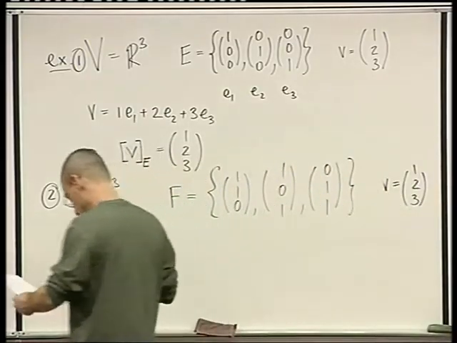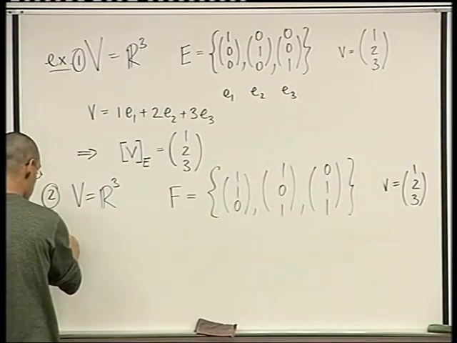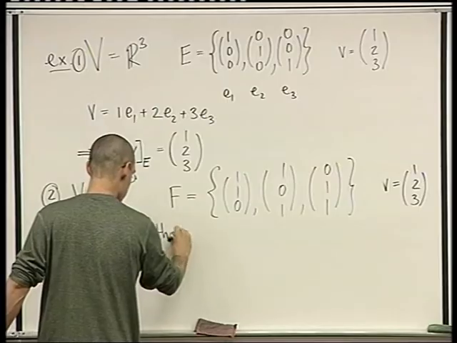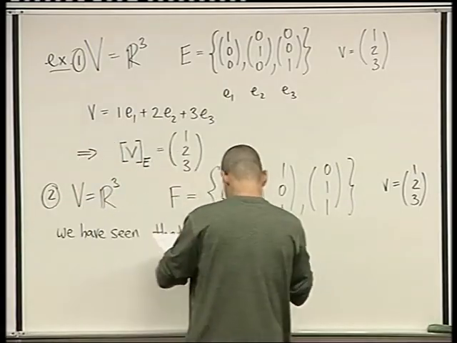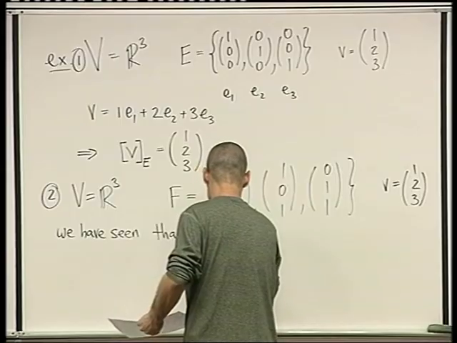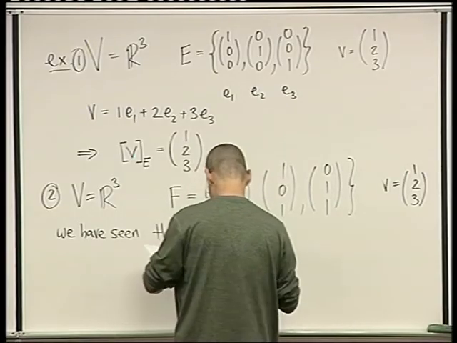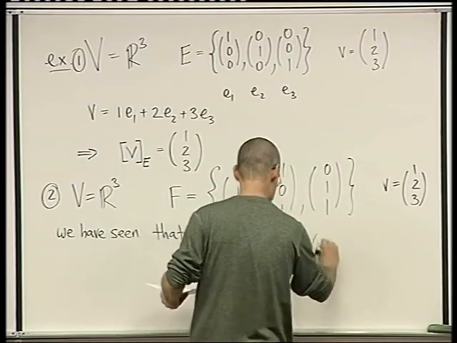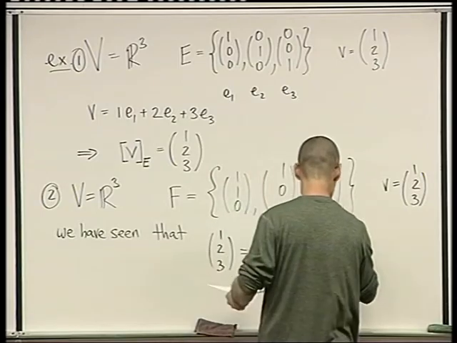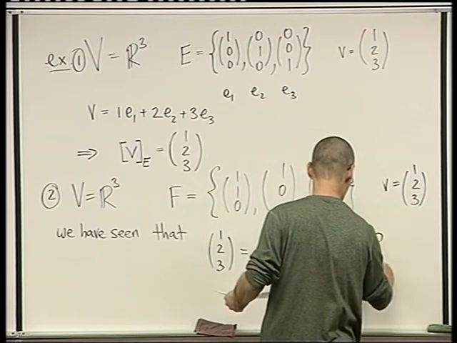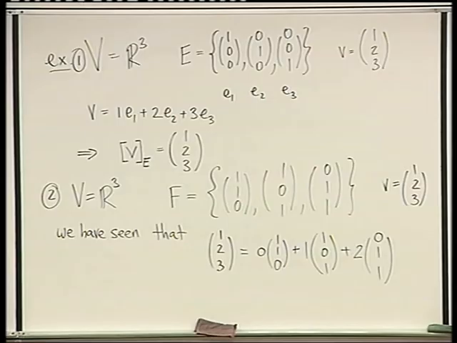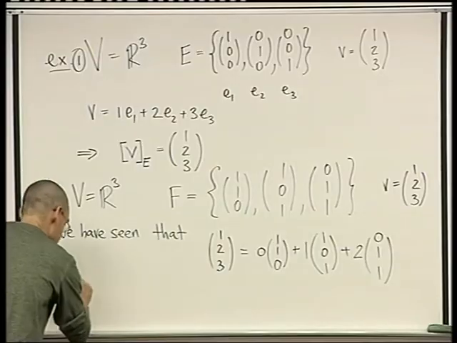So we have seen that v, (1, 2, 3), can be written as 0 times (1, 1, 0), plus 1 times (1, 0, 1), plus 2 times (0, 1, 1). And the reason I'm saying we have seen that is because we actually calculated it explicitly. Let me remind you here.